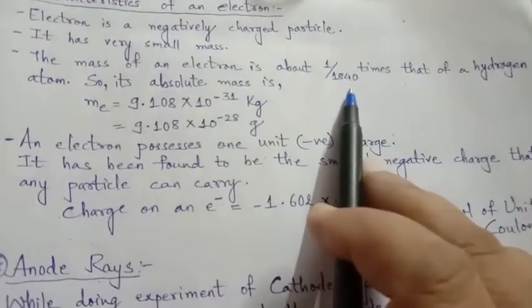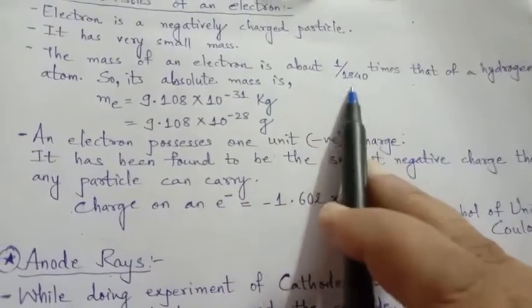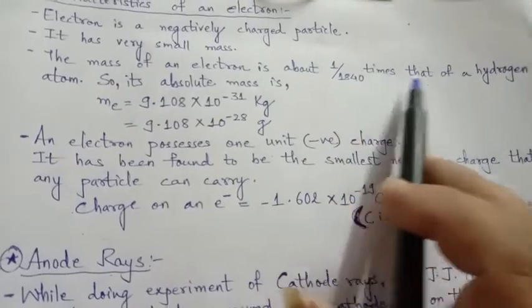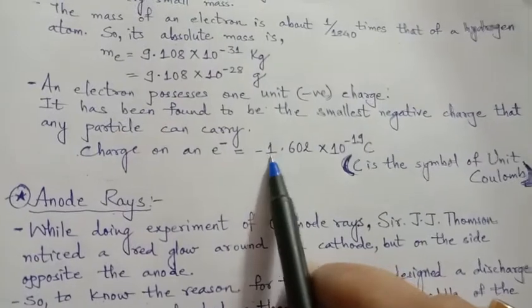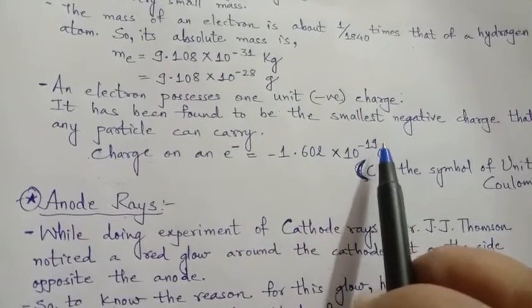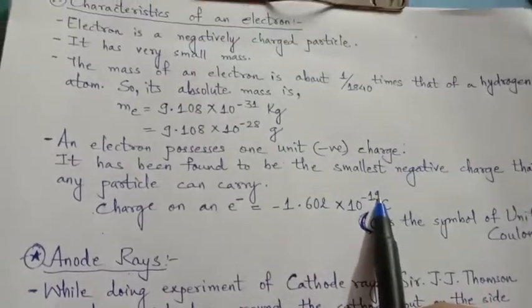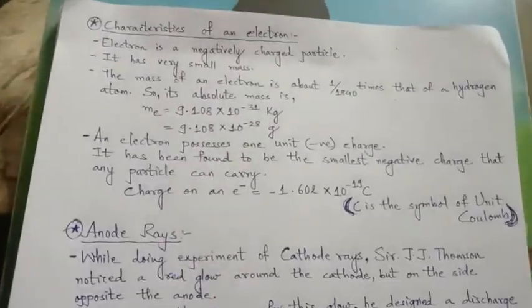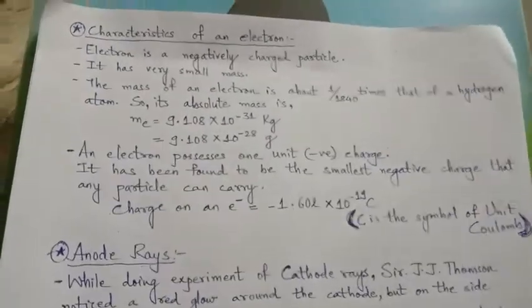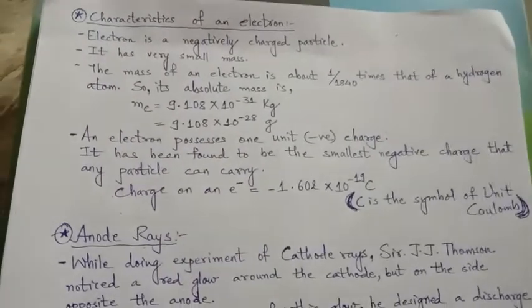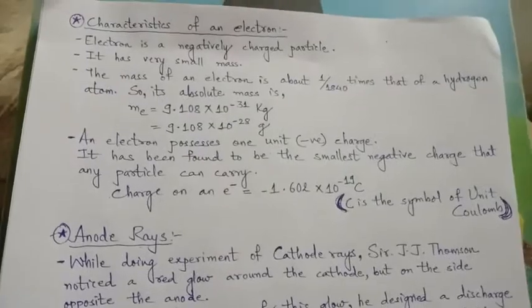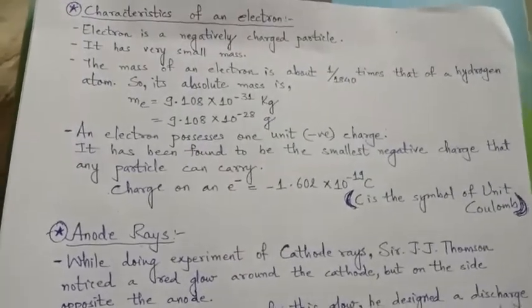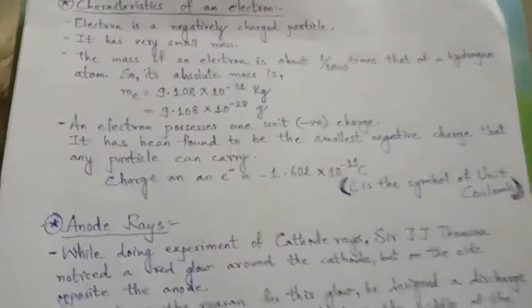In terms of a fraction, it is 1 upon 1840 times smaller than hydrogen, and it carries a charge of minus 1.602 into 10 to minus 19 coulomb. So this is how you can now know how electrons exist. And in the next video we will see the anode rays, which will give us the idea about protons. By then, thank you.